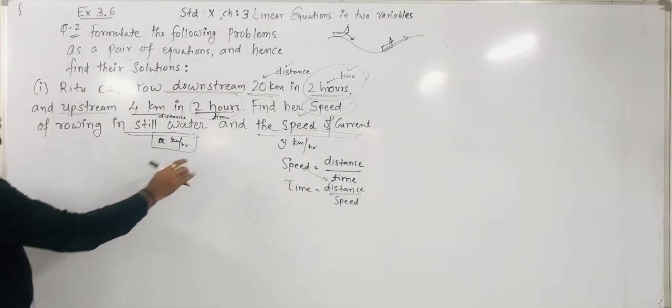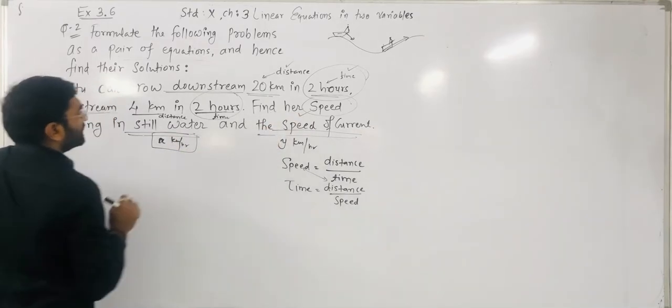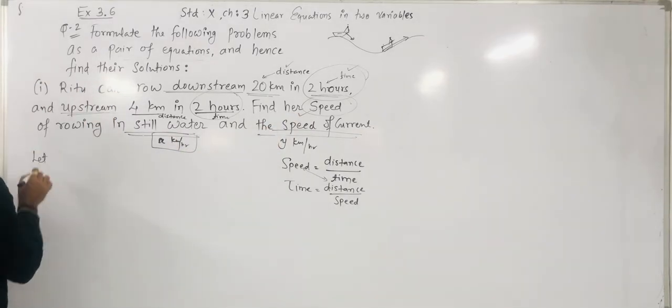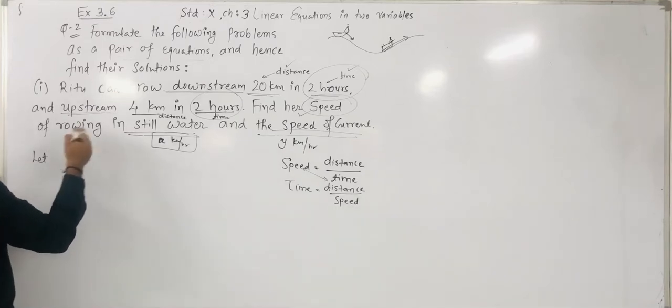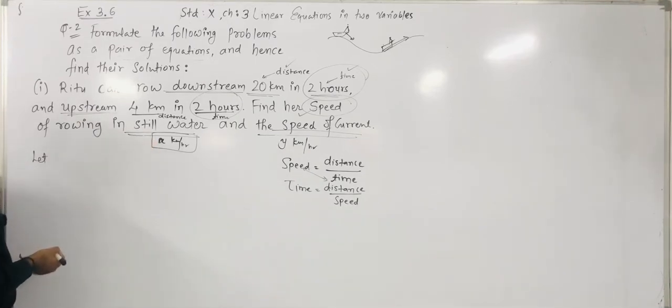As I told you, first of all we assume x and y for the speed of rowing in still water as well as the speed of the current.